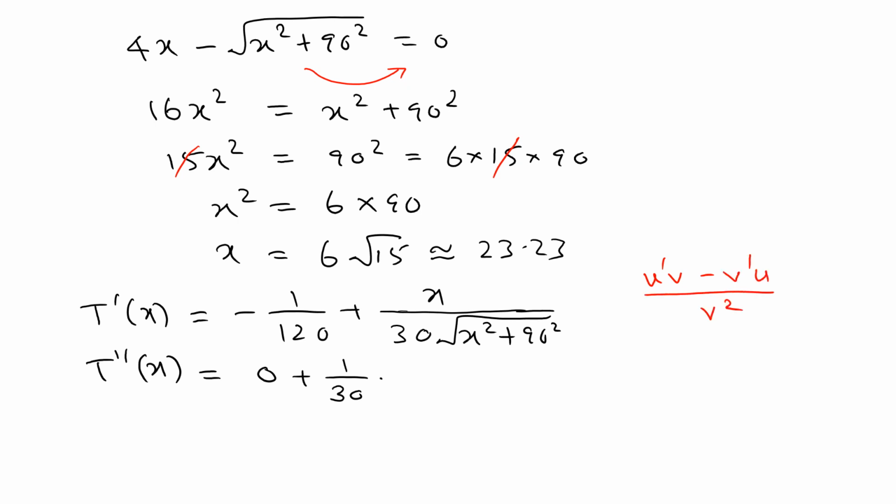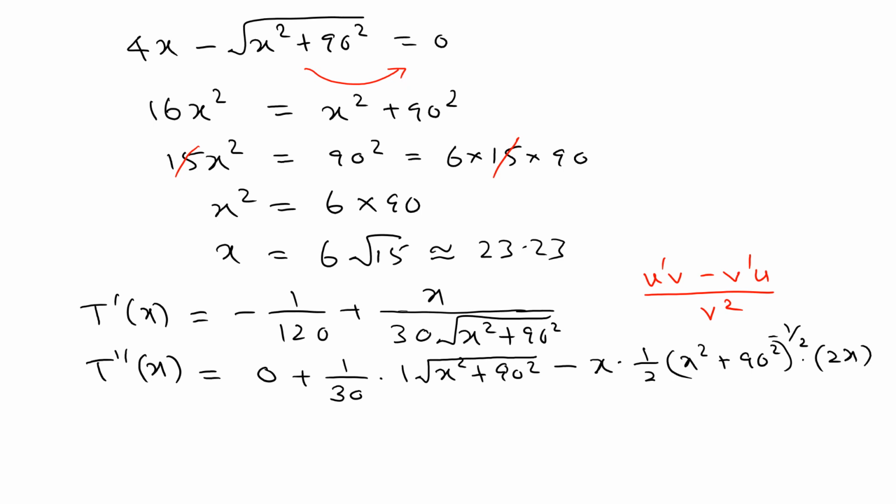So u prime is 1 times the square root of x squared plus 90 squared, minus x times the derivative of the second term, which is 1/2 times x squared plus 90 squared to the negative 1/2 times 2x, divided by the square of the bottom term, x squared plus 90. Okay, so that's what you get.